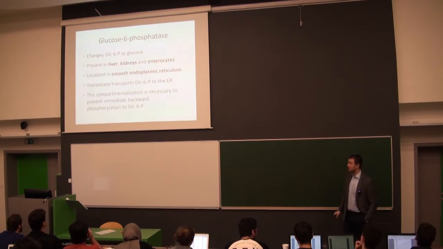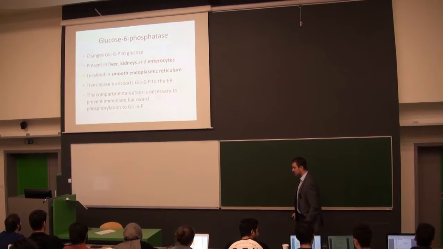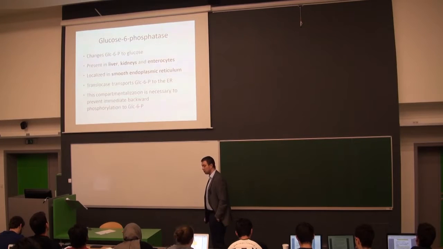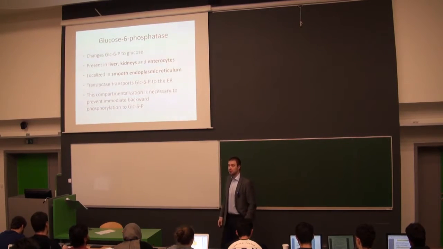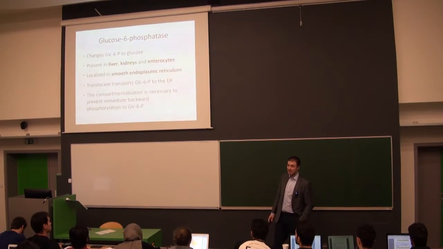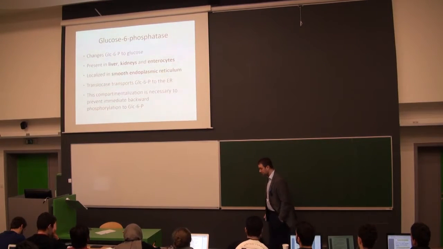And the opposite reaction is much more simple. You take glucose 6-phosphate, you cleave off phosphate, and you have glucose. The enzyme has a simple name, substrate and phosphatase. That means glucose 6-phosphatase.